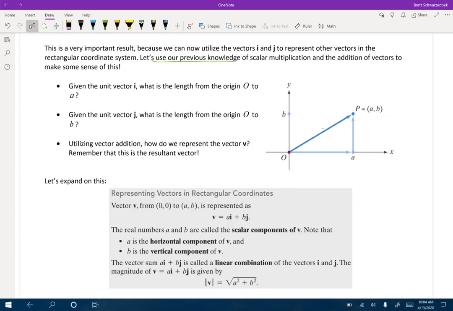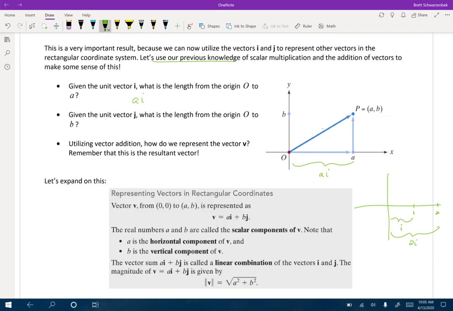If we went from 0 to 1, the length would be i, or in other words, 1i. If we wanted to go to 2, that would be a distance of 2i, and so forth. So if we want to go to a, then the length would be ai.